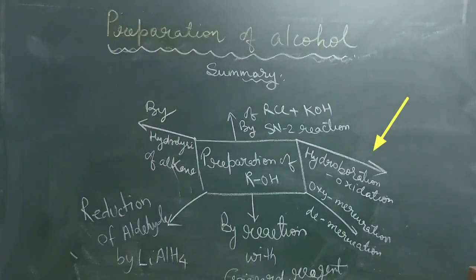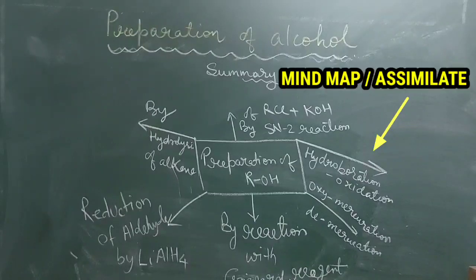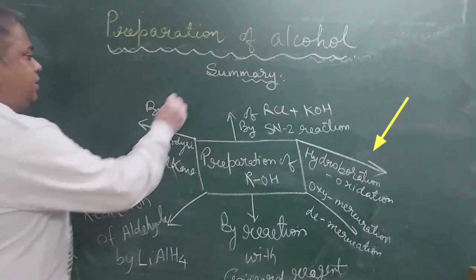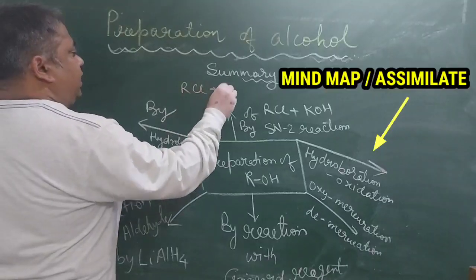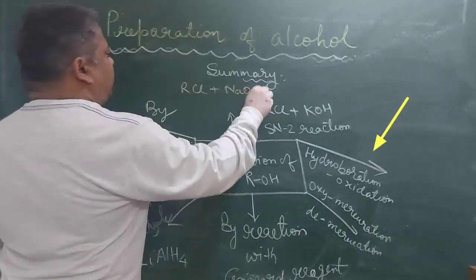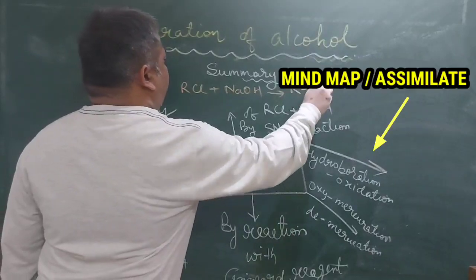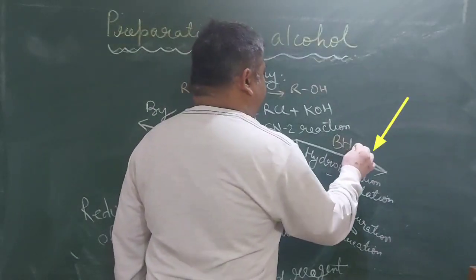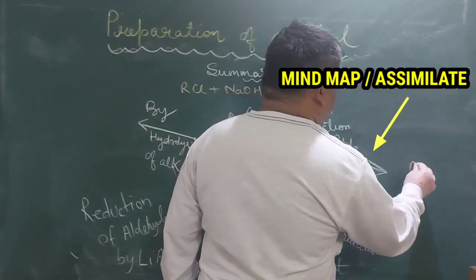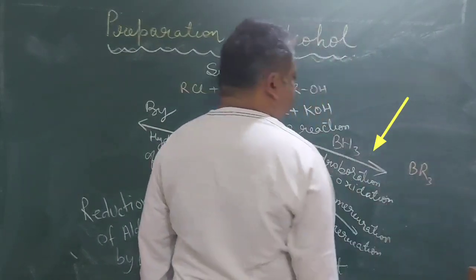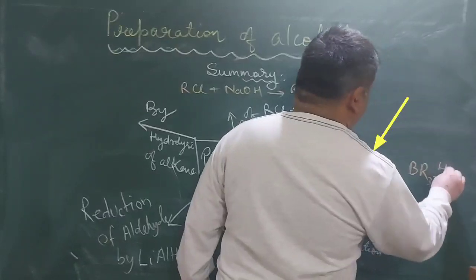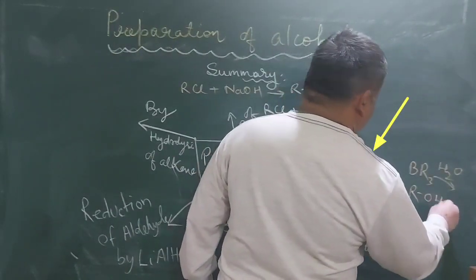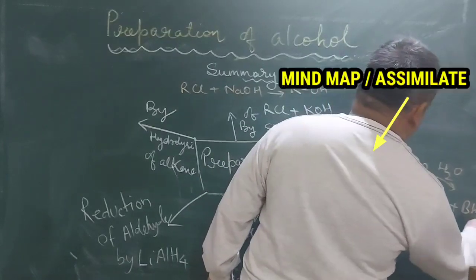Isn't it? So these are the ways in which you can prepare alcohol. Here what did we see? RCl with NaOH or KOH was forming ROH. Here what did we see? With BH3 it was forming BR3, and further with H2O it was forming 3ROH plus BH3 back again.